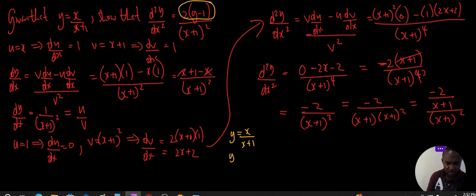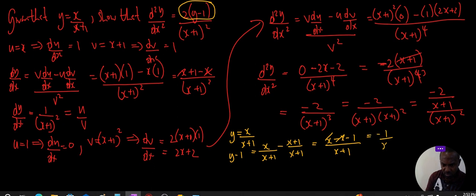So y minus 1 would be equal to x over x plus 1 minus, now because this is a fraction with the denominator x plus 1, 1 would be the same thing as x plus 1 over x plus 1. So we're subtracting that, and that gives us x minus x minus 1 over x plus 1. These cancel, and so this gives us minus 1 over x plus 1.